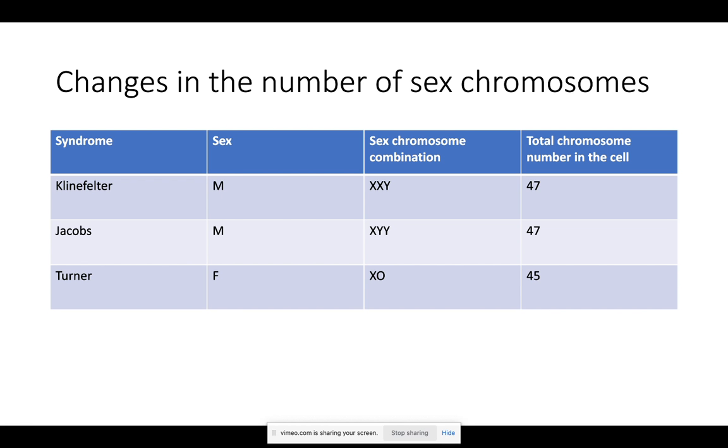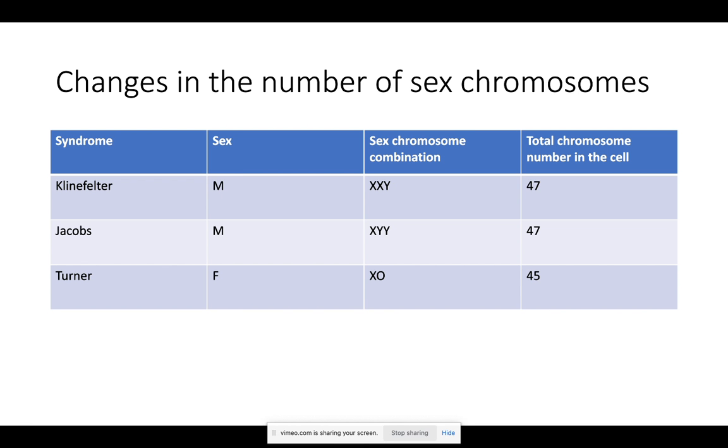Again, they can range in terms of intellectual development. A lot of times they have difficulty with learning new things, difficulty with schoolwork, things of that sort. The sex chromosome combination is XXY, and that's significantly high yield.